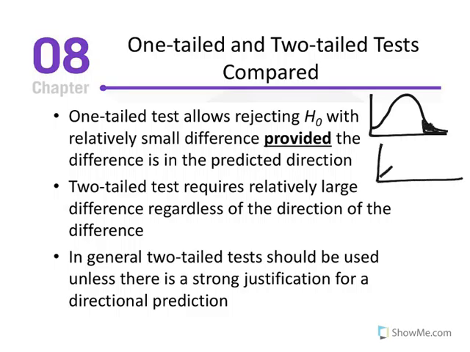But let's say we find a value that's very statistically unlikely on the left side. Well, in this case we wouldn't get to reject the null because it's not in the direction that we had hypothesized. Again, if we increase math scores, we expect our sample statistic to be in this tail.